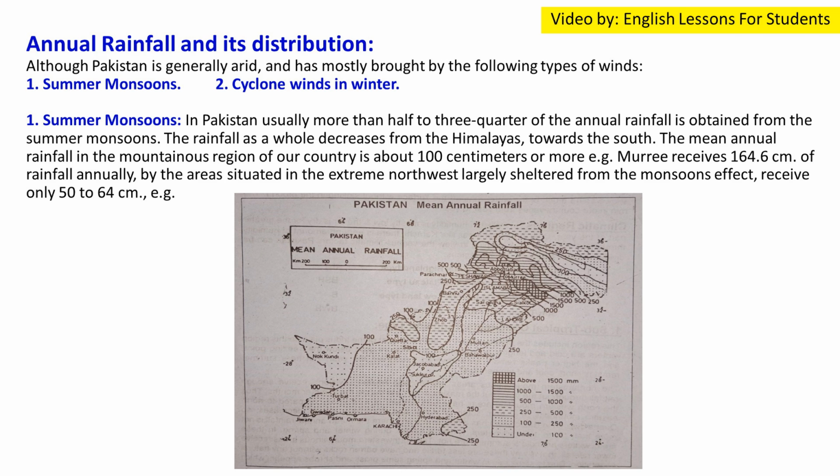The mean annual rainfall in the mountainous region of our country is about 100 centimeters or more. For example, Murree receives 164.6 centimeter of rainfall annually. But the areas situated in the extreme northwest, largely sheltered from the monsoon effect, receive only 50 to 64 centimeter.